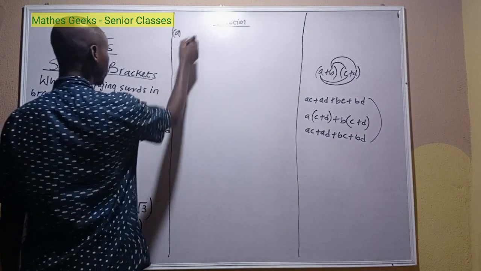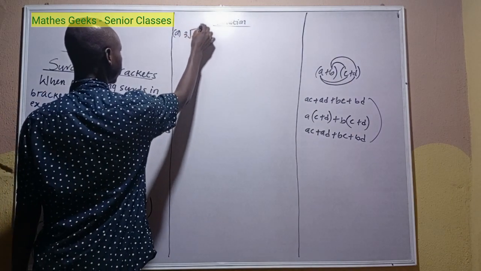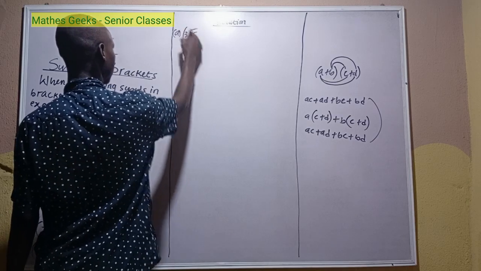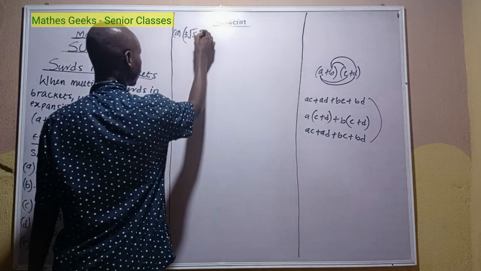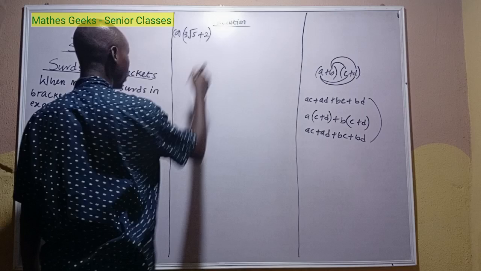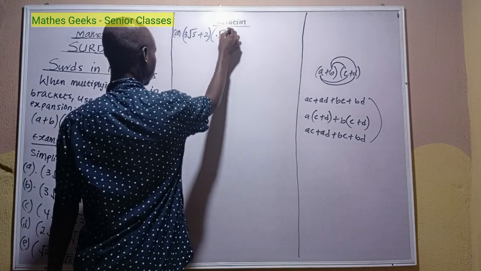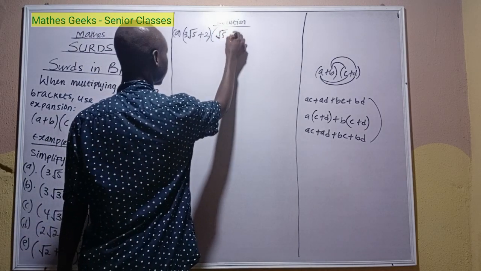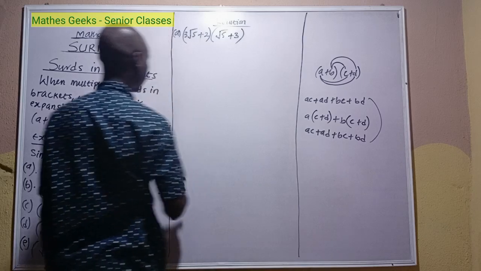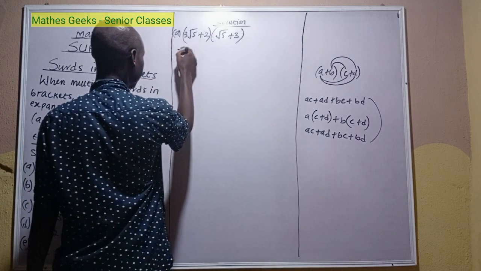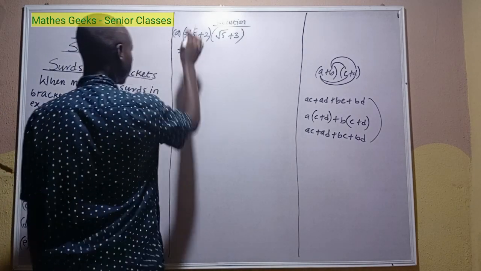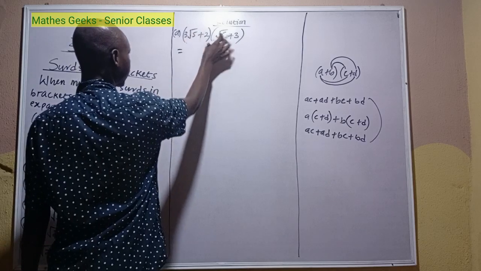A. (3 root 5 + 2)(root 5 + 3). So we're going to expand. We're going to use the first term to multiply the second bracket.